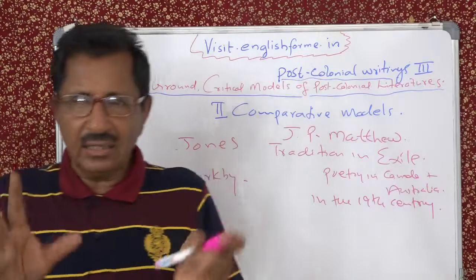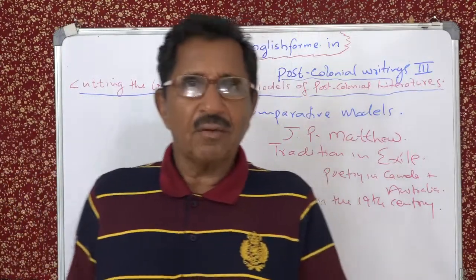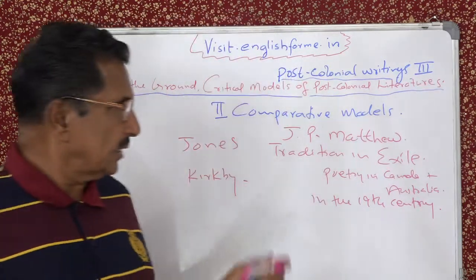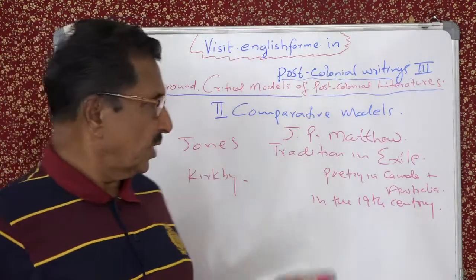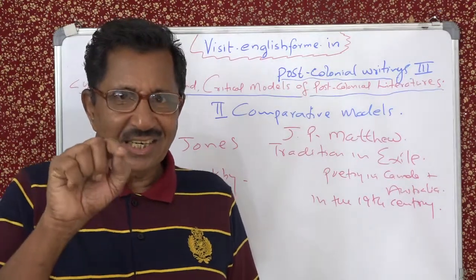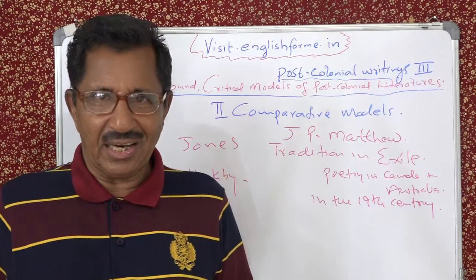So you can say that is a brief summary of the white model. The leading figure of the white model is J.P. Mathew, and his book is Tradition in Exile. At the same time, remember the word tradition, which stresses the imperial connection.